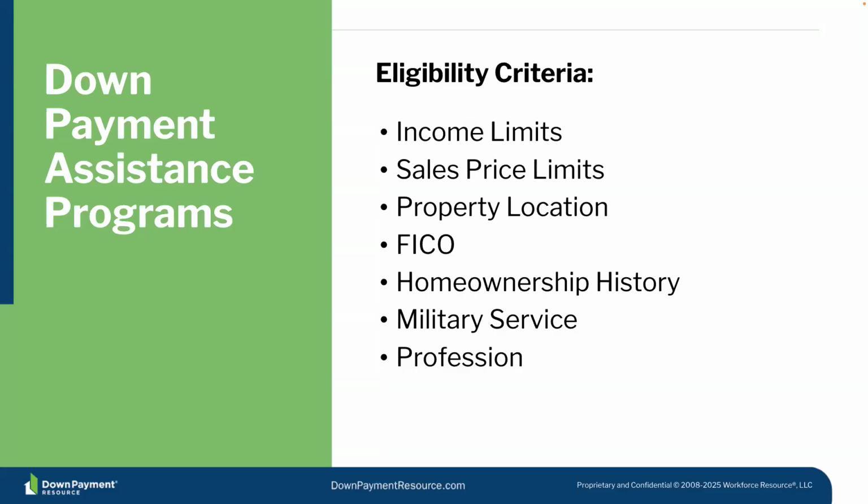Many programs are only for first-time home buyers, but there are many for repeat buyers or even current owners. And of course, it's important to remember that a first-time home buyer is simply someone who hasn't owned in the last 3 years. Now, I'll expand on eligibility as it pertains to military service and certain professions in a few moments, but both can open new doors to assistance that may not be available to the general public.